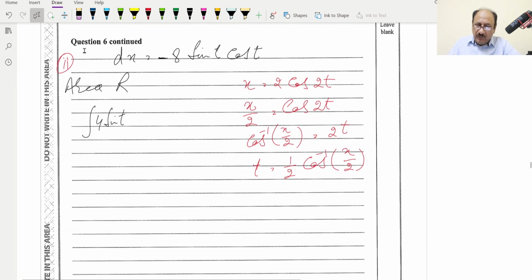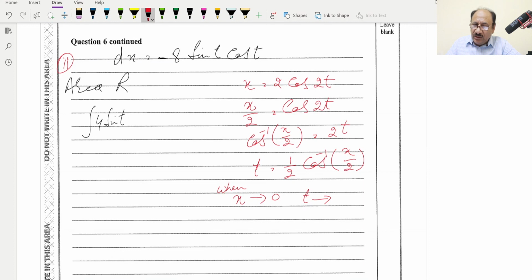According to this, when x tends to 0, t will be what? If we replace 0, it will be cos inverse 0, which is pi by 2, since cos pi by 2 is 0.